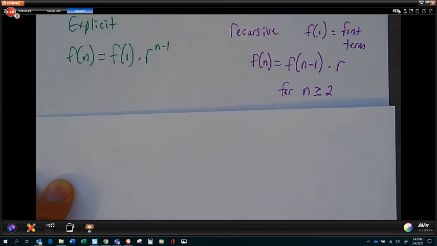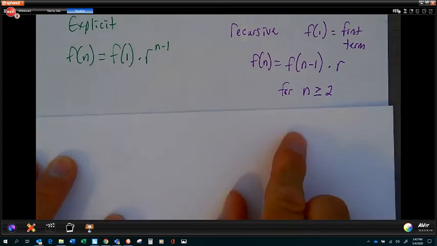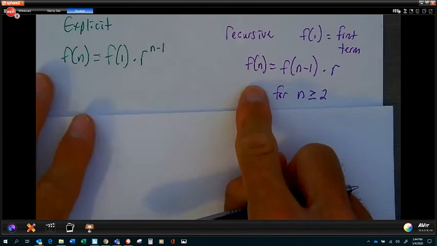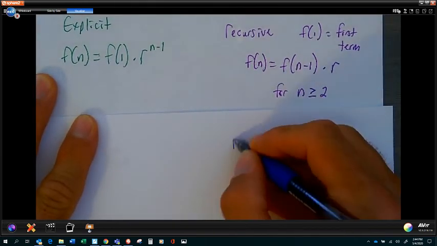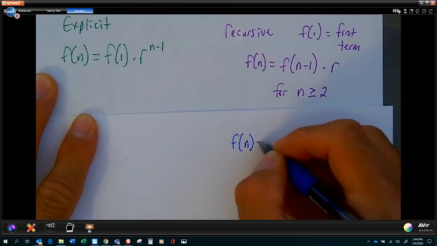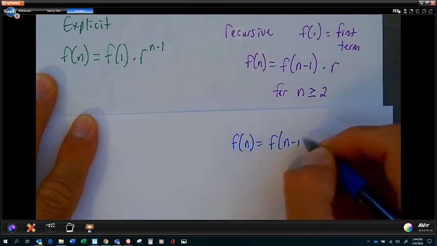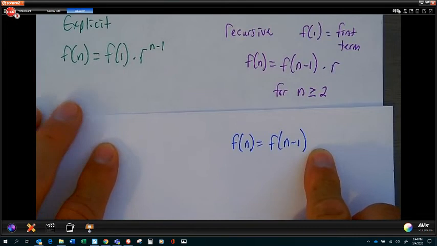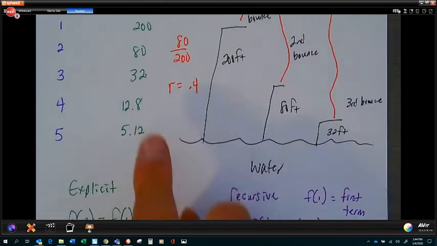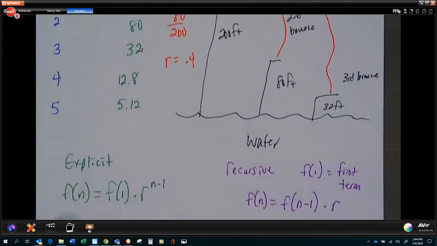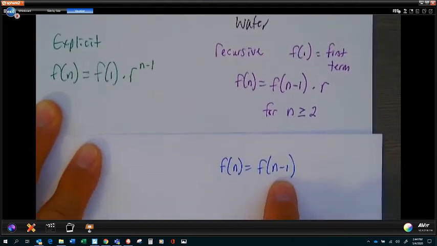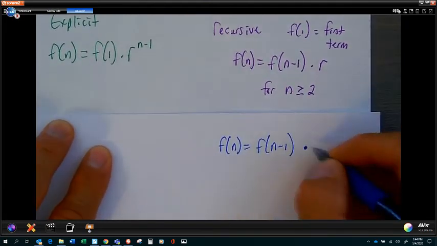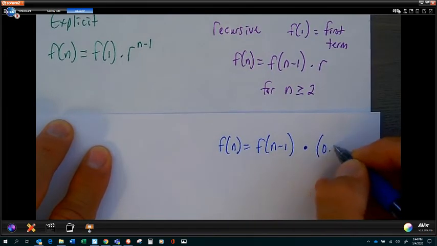So writing a recursive formula is the easiest thing to do, because for every recursive formula, you just copy this first part for every single one. So you have f of n is equal to f of n minus 1, and then the only number we have to put in here is our common ratio. So using our bungee cord example, we've got our common ratio of 0.4. So for the recursive formula, the only thing we have to put in here is times, multiply 0.4.